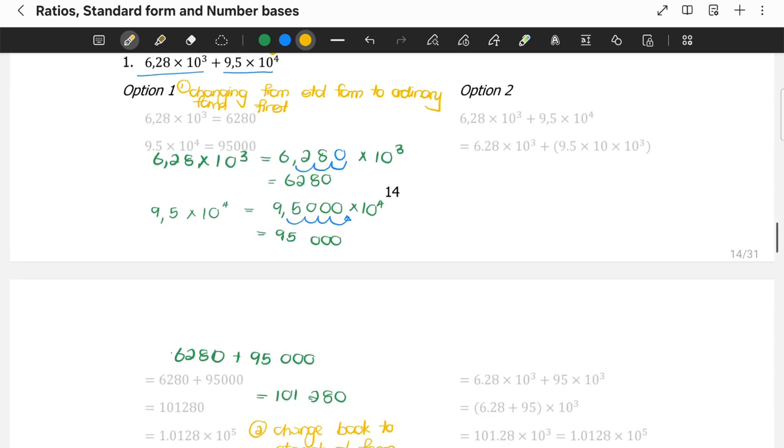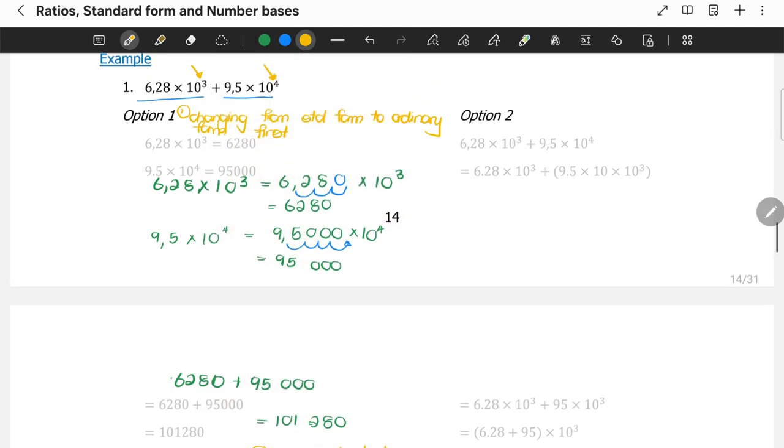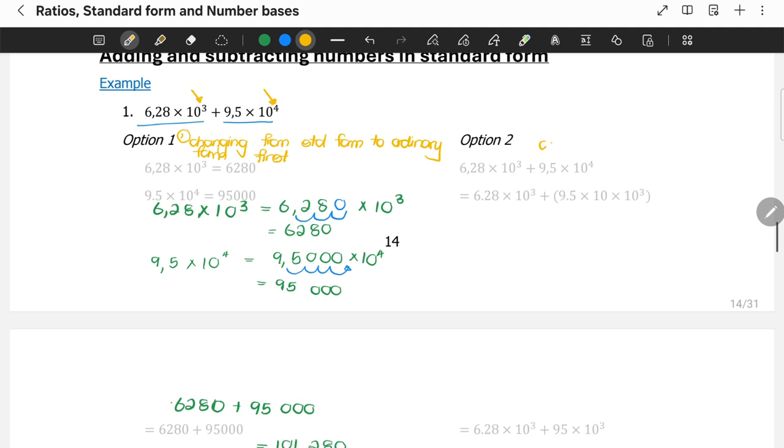Or I think this is a shorter way. You can convert both numbers involved to similar powers in standard form.